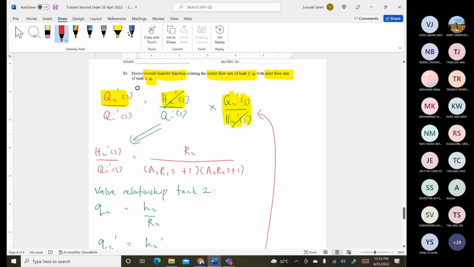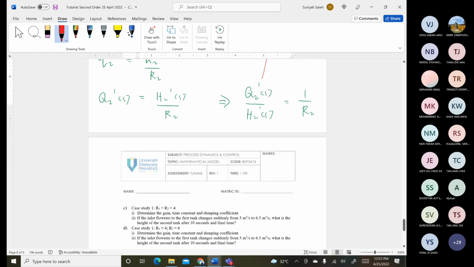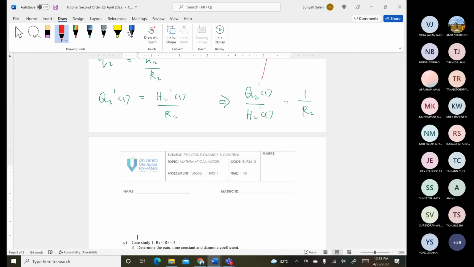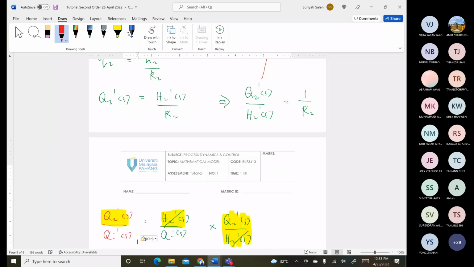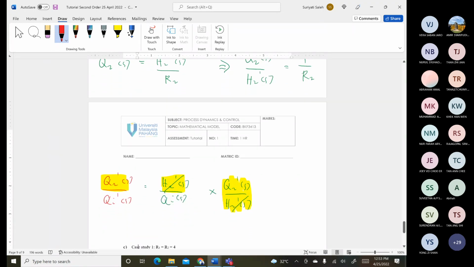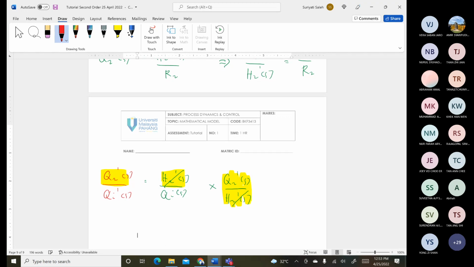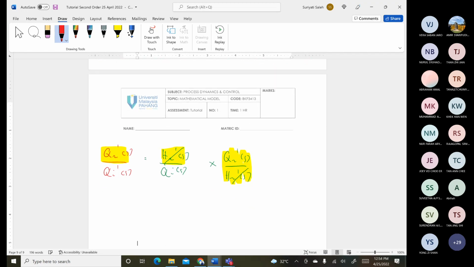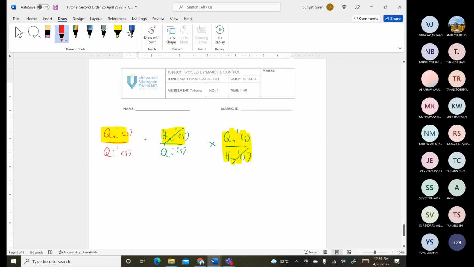So in this case, we have the Q2 over Qi. When we multiply, it is H2 over Qi multiplied with the Q2 over H2. We can eliminate H2 prime S. So that leaves us the Q2 and the Qi, where Q2 over Qi is the desired overall transfer function that needs to be obtained.